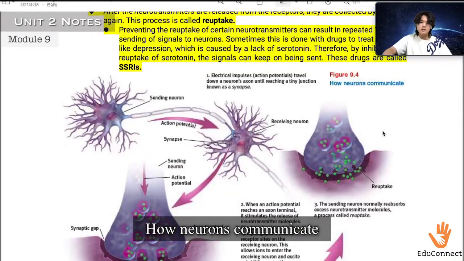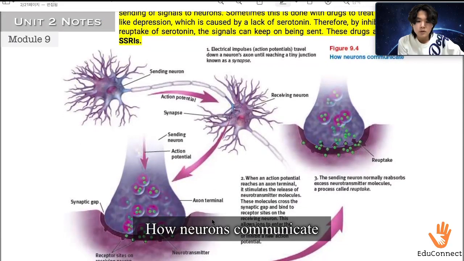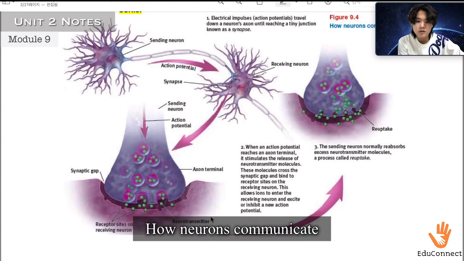So when the sending neuron sends the action potential towards the axon terminal, the axon terminal is connected to something called the synaptic gap, where they receive the neurotransmitters. And there are receptor sites on the receiving neurons. So when the neurotransmitter is passed on to the axon terminal, it then passes the neurotransmitter towards the receptor sites on the receiving neuron. So this is where the next neuron related to this sending neuron will receive their neurotransmitters.